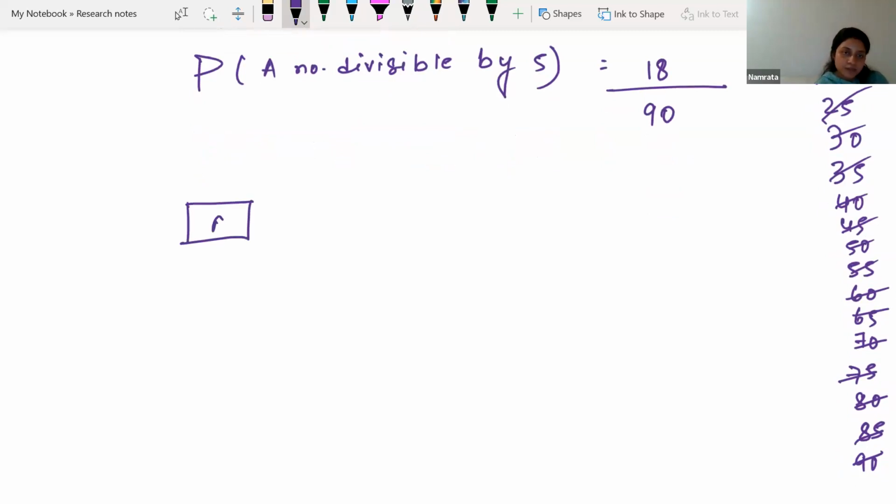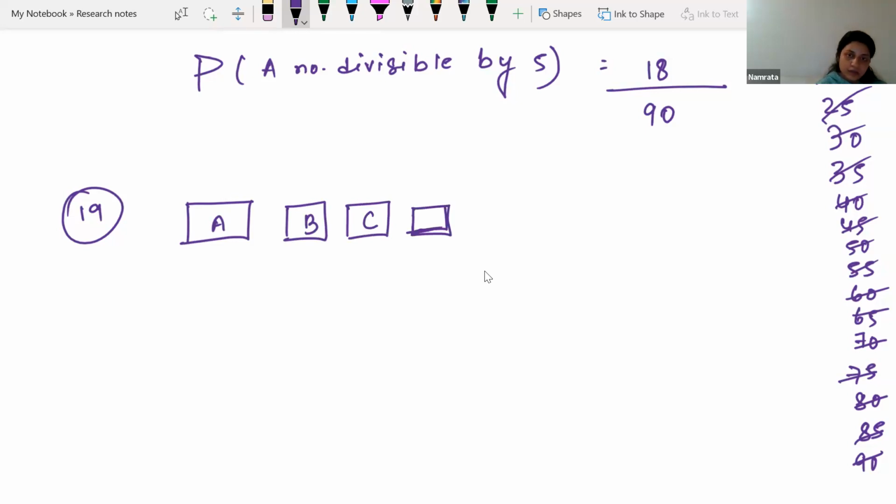So a child is having a die. The first one is A, second one is B, then we are having C, then we are having D, then E, and then A. These are the alphabets which are written on the die.